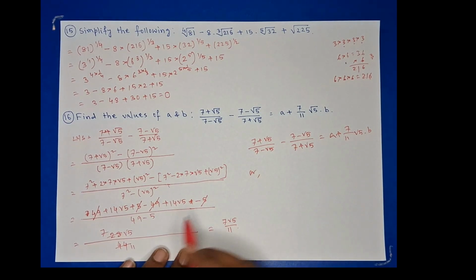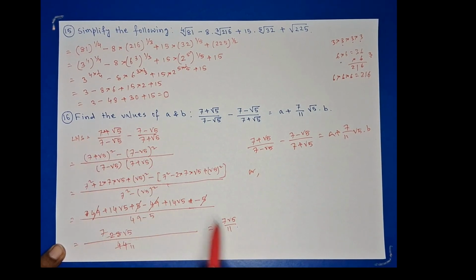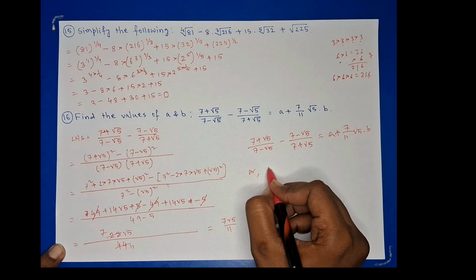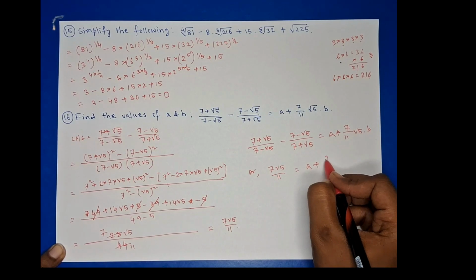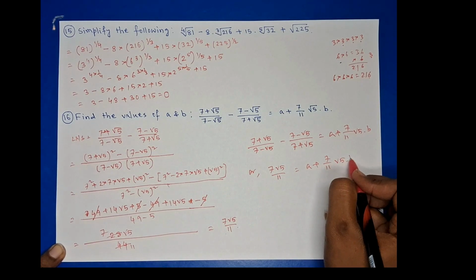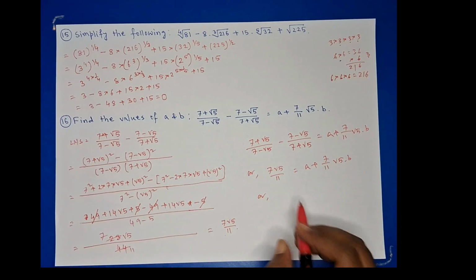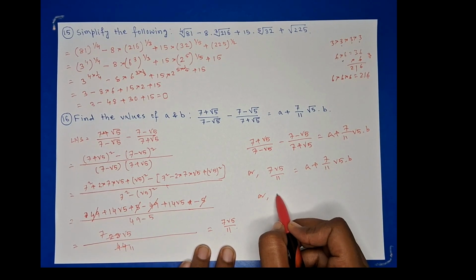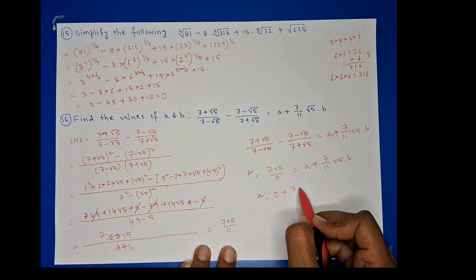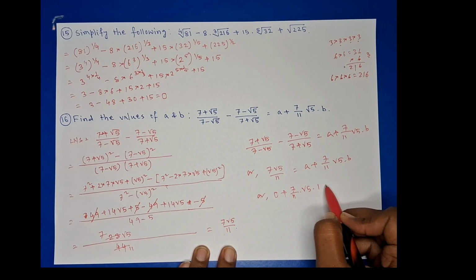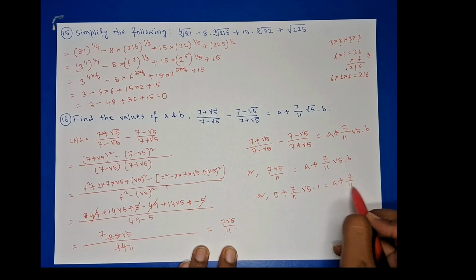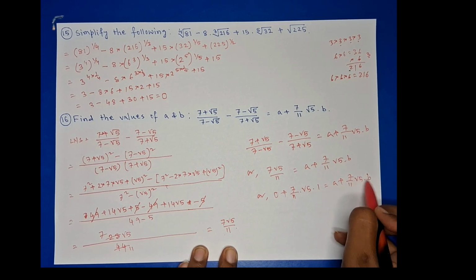This value what we are getting is equal to 7 root 5 by 11. So 7 root 5 by 11 is equal to a plus 7 by 11 root 5 into b, or to match it, we are writing 0 plus 7 by 11 root 5 into 1 is equal to a plus 7 by 11 root 5 into b.